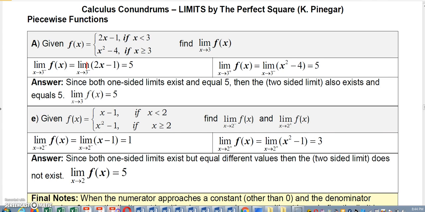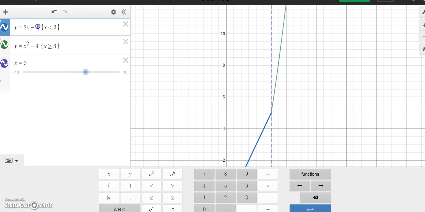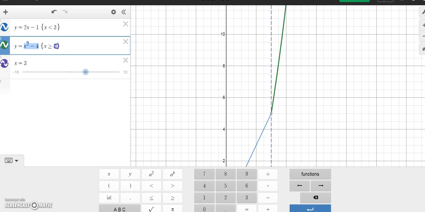I went ahead and graphed, and on Desmos you can actually do this. I graphed y equals 2x minus 1, but only for x less than 3. And that's this blue graph right here. And then I graphed x squared minus 4, but only the portion where x is greater than or equal to 3.